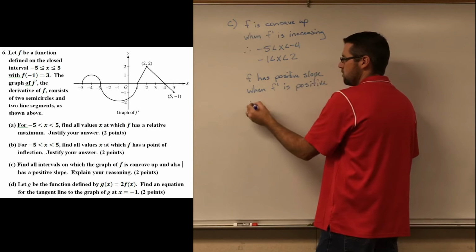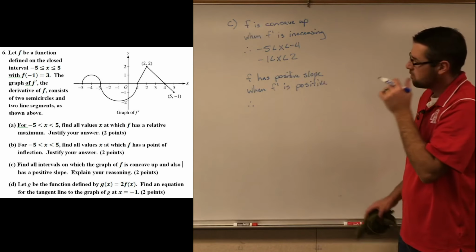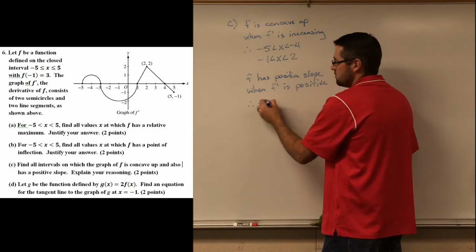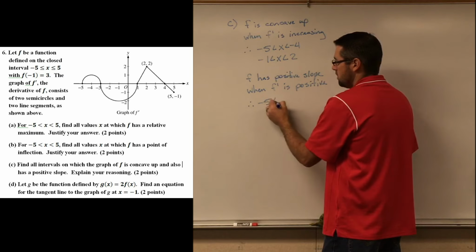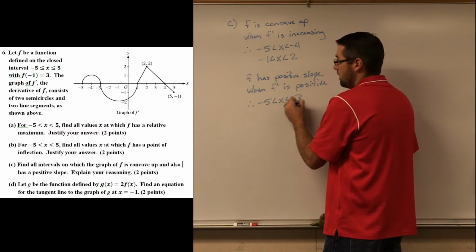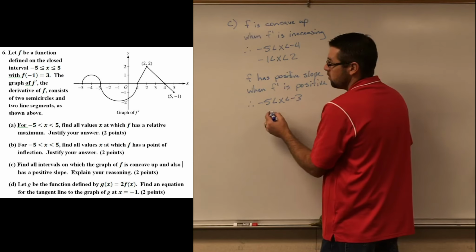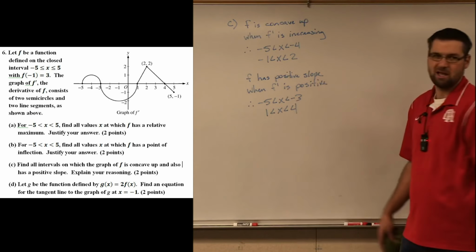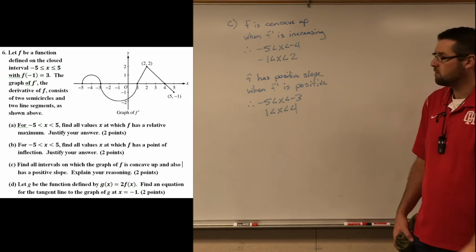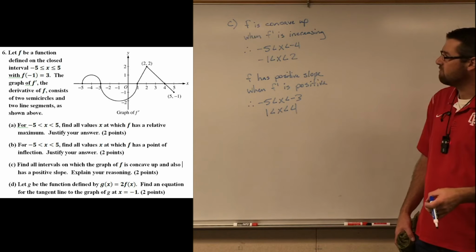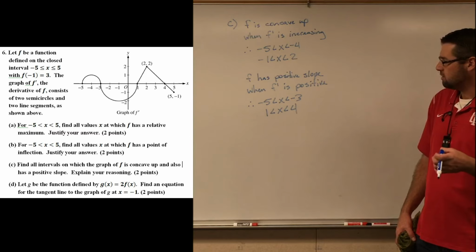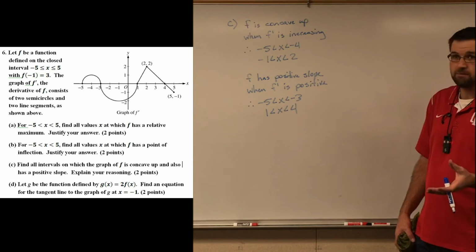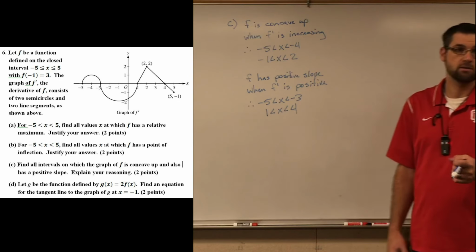So therefore, -5 to -3 and 1 to 4. Okay, but neither one of those is the question specifically. We're looking for when it's concave up and increasing, essentially, right? So, yeah.